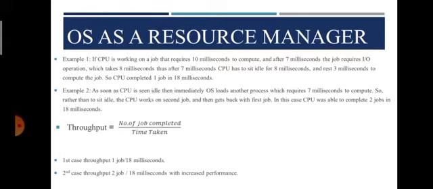In the second example, when the operating system sees that the CPU is sitting idle, it immediately assigns another job to that CPU, so that the CPU does not sit idle and works continuously.